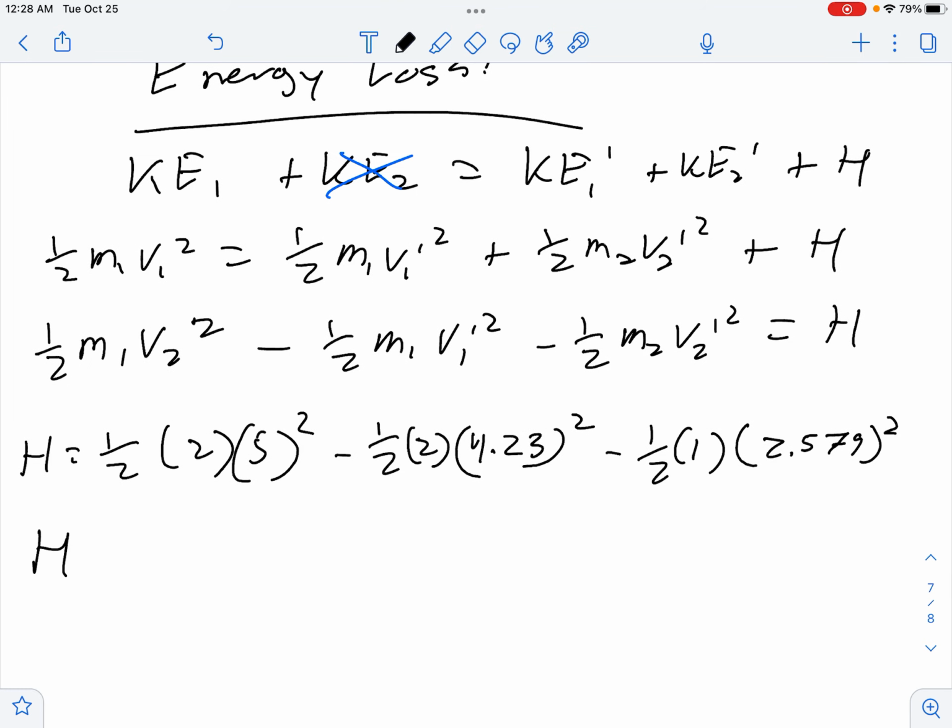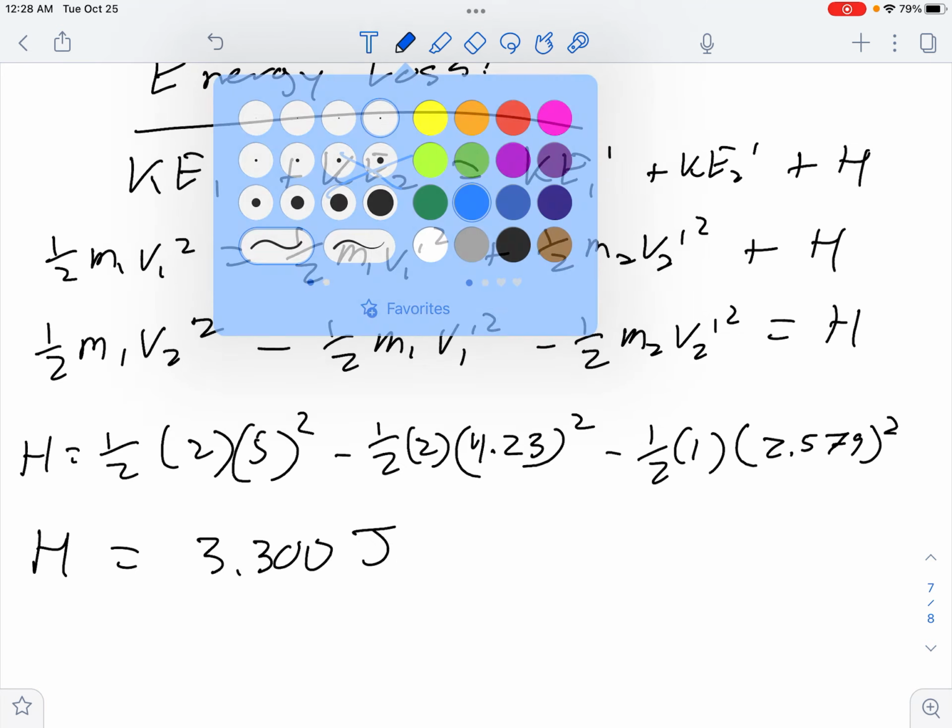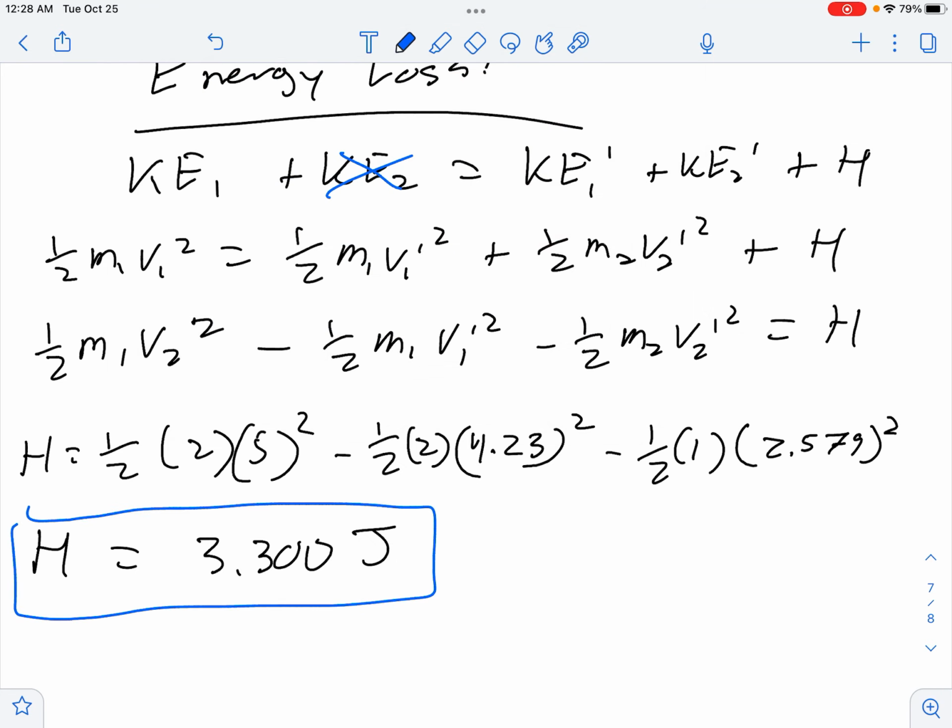If we plug all that into our calculator, we should get a value of 3.300. This is loss of energy, so that would have units of joules. So we lost this many joules in the collision when it is partially inelastic.